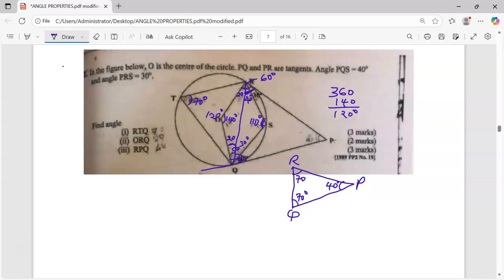So we can begin from Roman 1 by having the size of angle RTQ, and angle RTQ is going to be 70 degrees. We move to Roman 2, and in Roman 2 we need ORQ, and ORQ is going to be the angle at this point, which is 20 degrees.